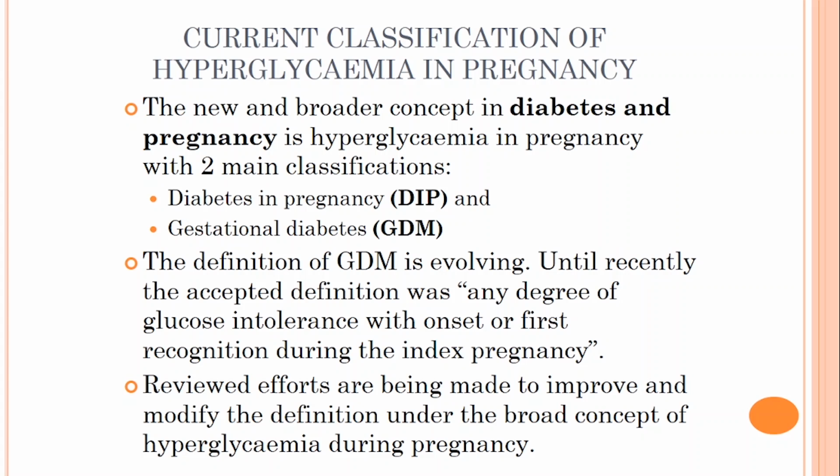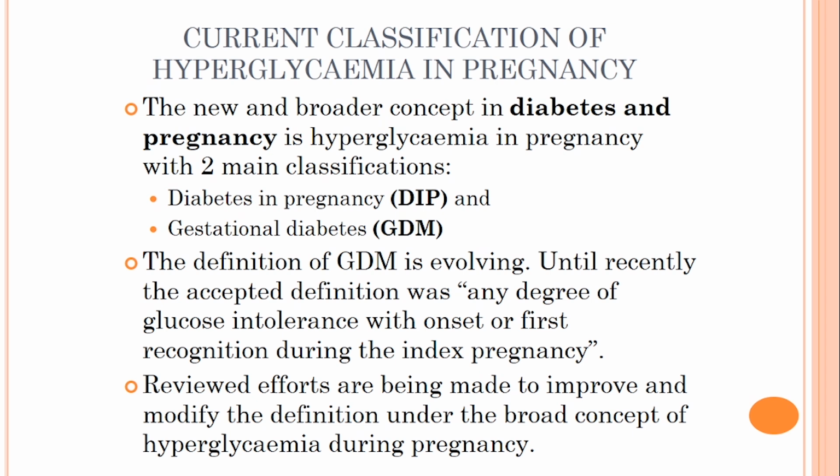The new and broader concept in diabetes and pregnancy is hyperglycemia in pregnancy, with two main classifications. So what are the two main classifications? One, diabetes in pregnancy, called DIP, and two, gestational diabetes, otherwise known as GDM.